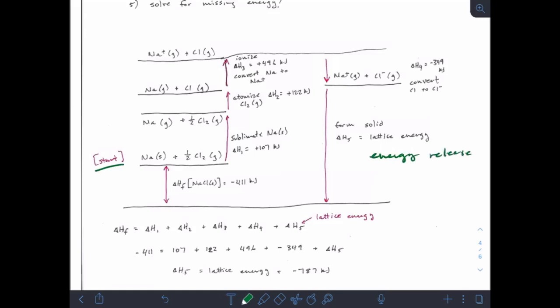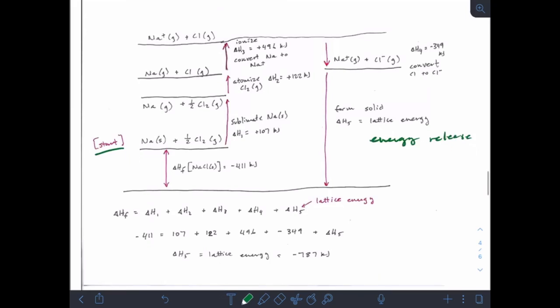That energy release is what makes this an actually energetically favorable process. If we ended up having to put energy in, the net result being a positive energy, this solid would not form on its own in nature. So this is what the lattice energy does for us. It takes all of these energy inputs, and then it makes the process as a whole energetically favorable.